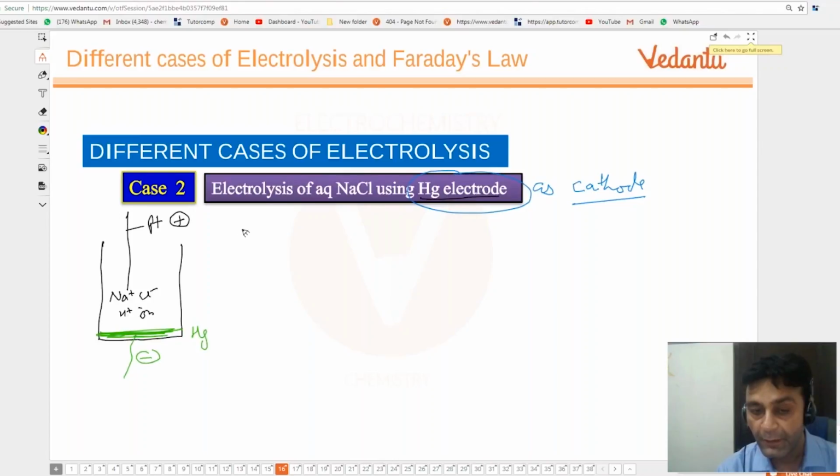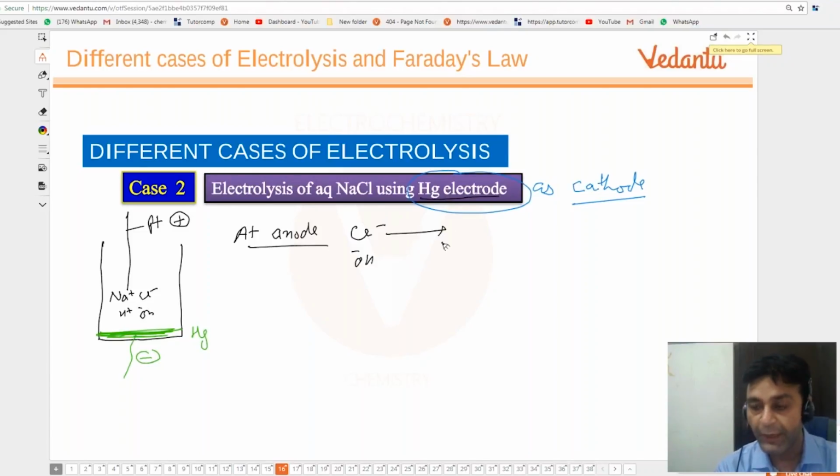First of all, I talk about the anode part. Anode means the positive part, right? At the positive, Cl negative ion and the OH negative ion. Yes, same beaker. Which will be discharged? Cl negative ion or the OH negative ion? Cl negative ion.